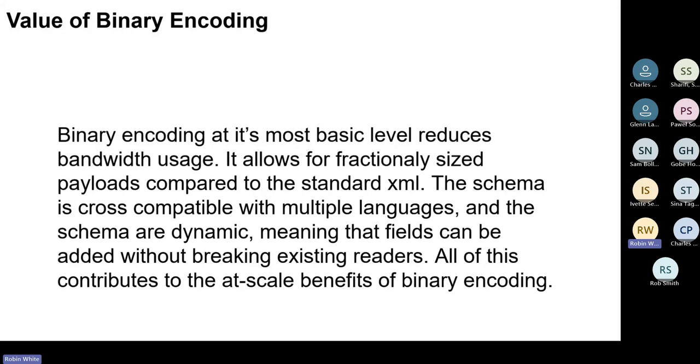By nature of being encoded in binary, it is compatible with a lot more languages than if you're having to parse from one to the other. Also, the schemas are dynamic, so you can add any given field to a schema when it's in binary encoding, and it will not break an existing reader in the way that can sometimes occur outside of that circumstance.